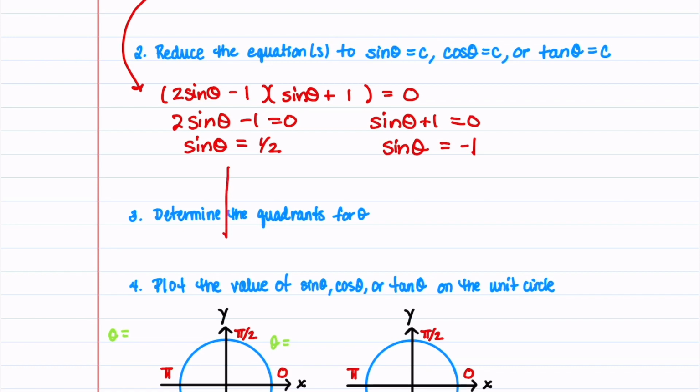For our first equation, sine theta is greater than 0, so theta is going to be located in quadrant 1 and in quadrant 2. In our second equation, sine theta is negative, but it's equal to -1. So theta is going to be located at a coordinate point.